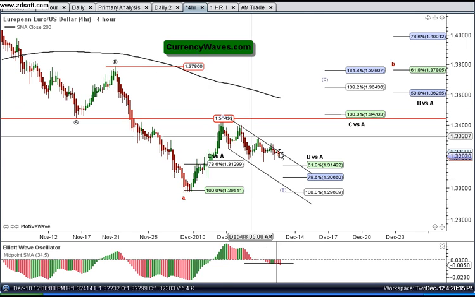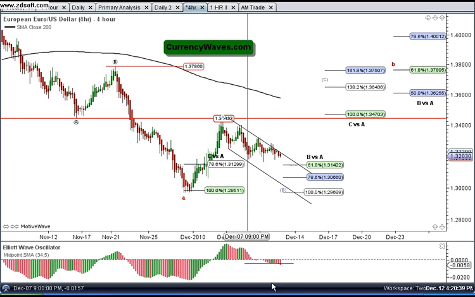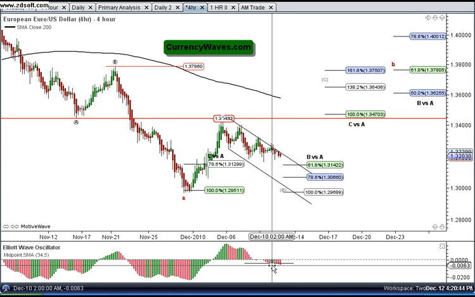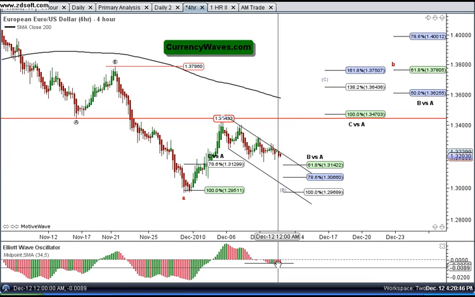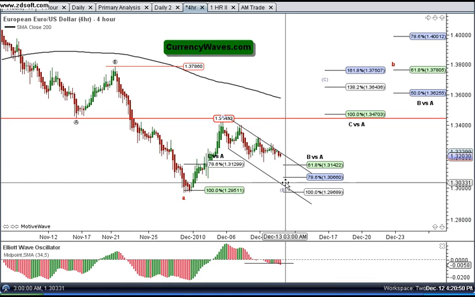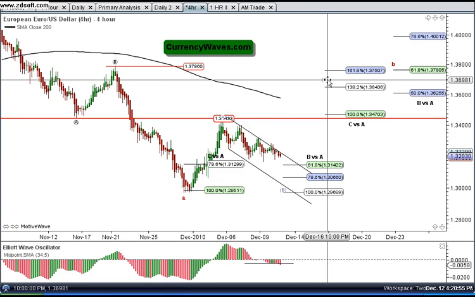Again, we've got A looking for B down. You see the wave oscillator just broke below this support here, so I think we're coming down to probably 30-17, 30 area, pretty close to the bottom before we get a stronger bounce up in B.